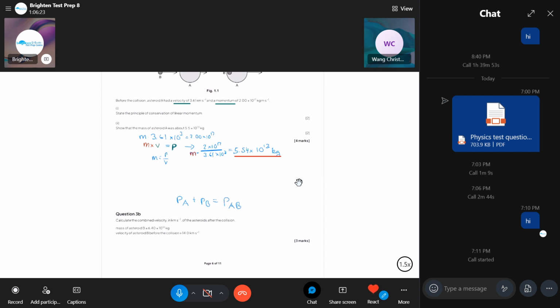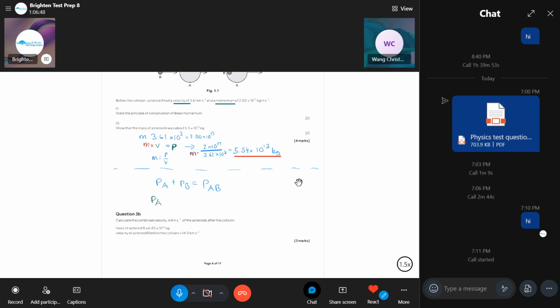Give me still not the values yet. I just put it a bit higher up. I think for the momentum of A, we can directly use the value they gave. Okay, yep. So I'll just make it green because we know it.